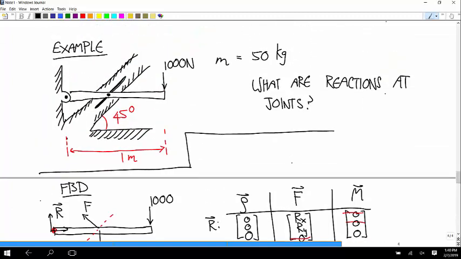It's hard to have intuition about stuff like this, but that pin in the pin and slot joint has to take a lot more force than the pin over here on the left end. And that's the kind of thing you could use as a design consideration, like, oh, I don't want that. I want to even it out more. Maybe I need to change the length of this over here or whatever. Any questions about that?